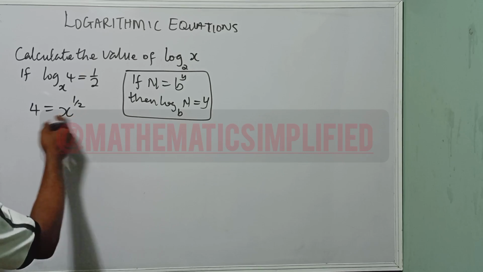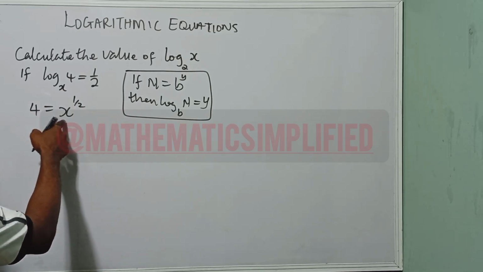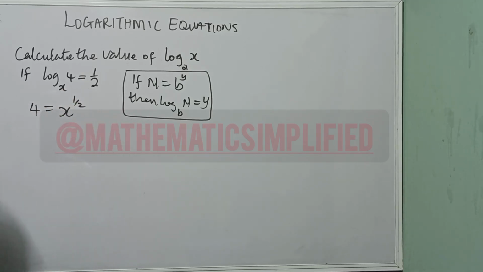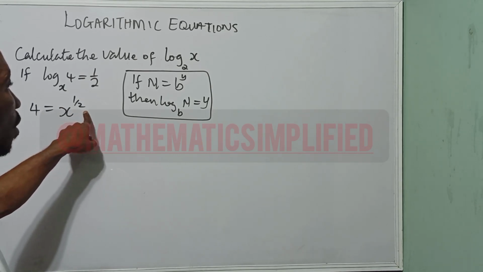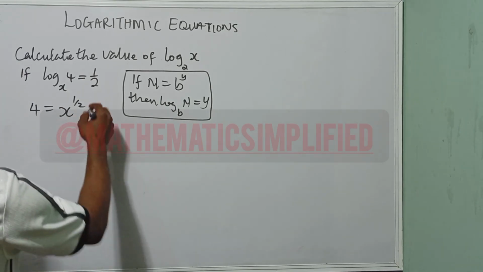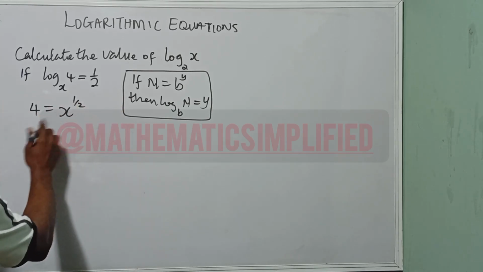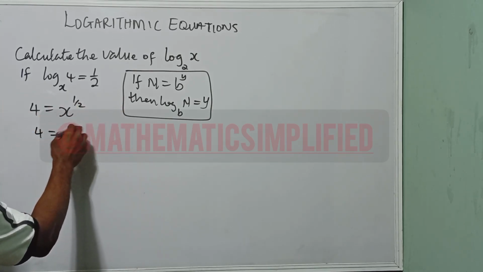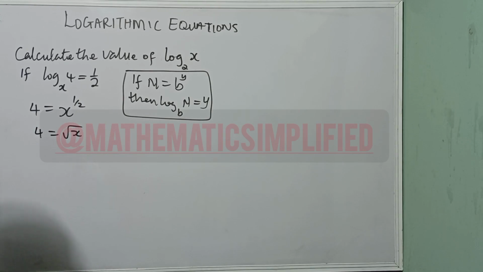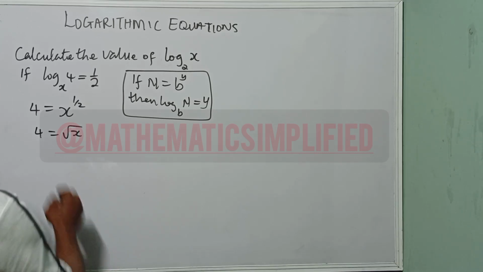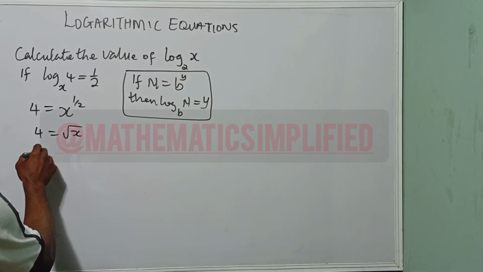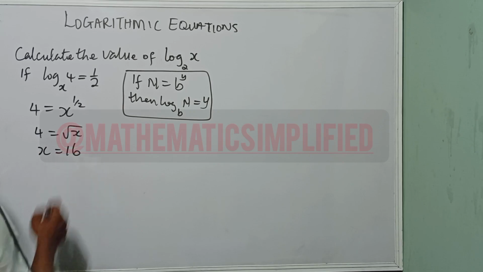So this will now become 4 equals x raised to power half, and mathematically raised to power half is the square root. So we can rewrite this as 4 equals the square root of x. Alright, to eliminate this square root, we square both sides. So squaring both sides will give us x equals 16.